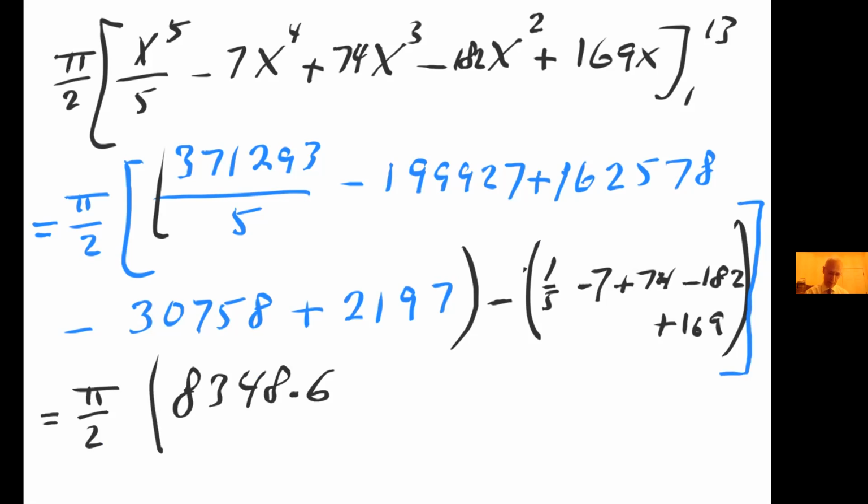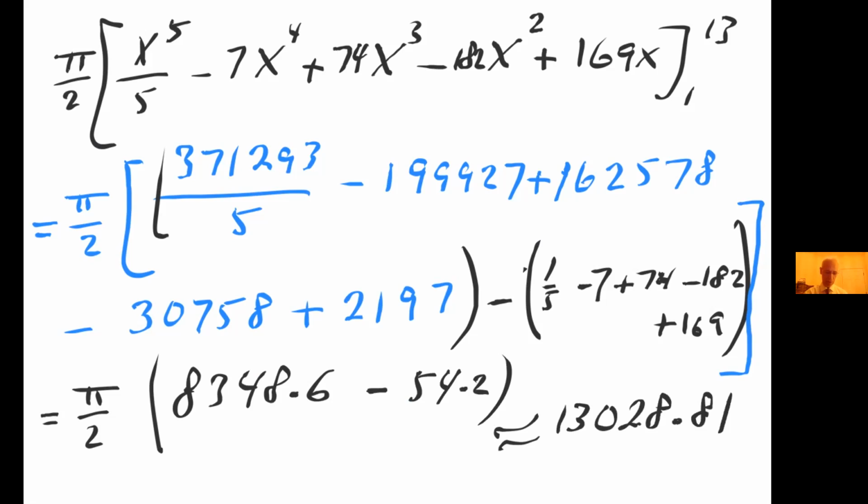And minus 1/5 is 0.2 minus 7 plus 74 minus 182 plus 169, 54.2. So pi over 2, parenthesis, 8348.6 minus 54.2. And what I have is 13028.81. Okay, email me if you have any question. Thanks.